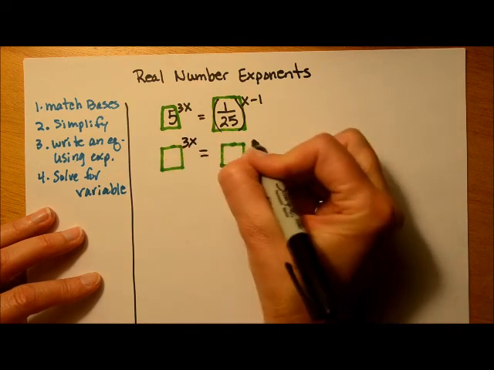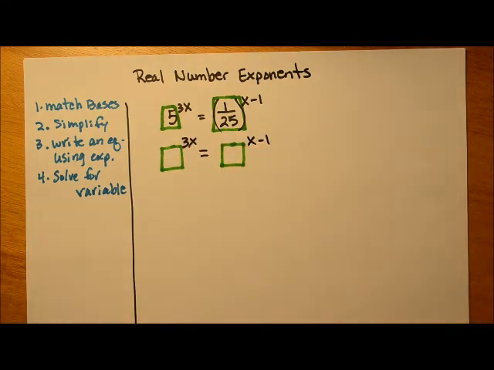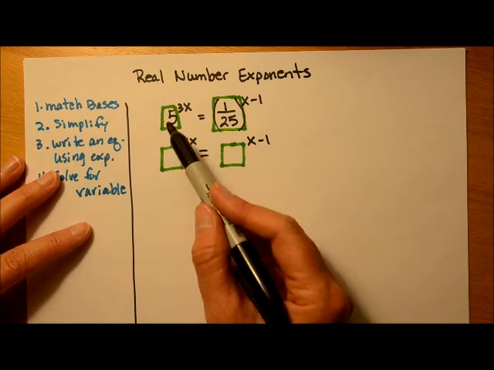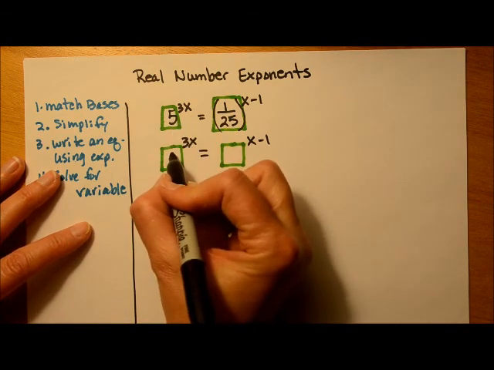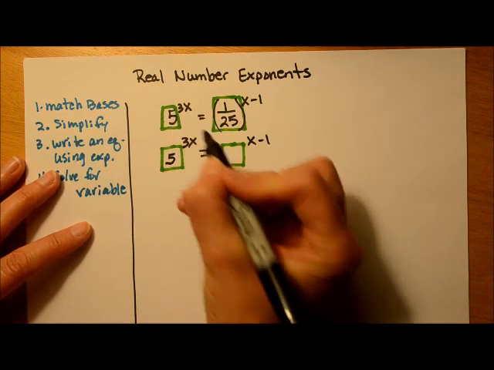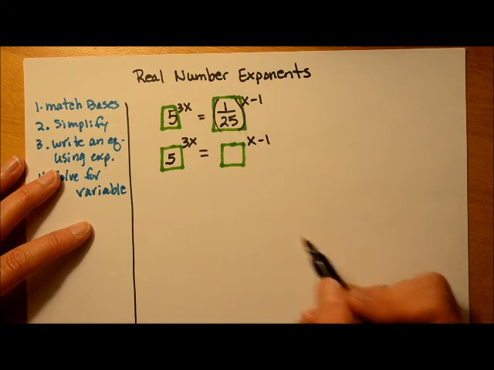I have my 3x. I have my x minus 1. None of that changed. That's all still the same. So I'm going to be looking in this green box, and I'm going to see how I can match my bases. Well, I think that I can have the base be 5 on both of these. So this one I don't have to do anything with. It's already 5, right?